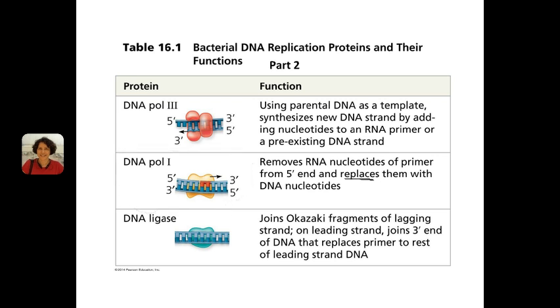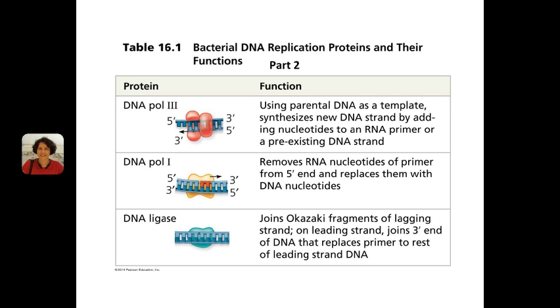When DNA polymerase 1 does that, when it reaches the beginning of the previous fragment, it cannot make a phosphodiester bond between the last nucleotide it puts in and the first nucleotide of the previous fragment, because it can only hook a nucleotide to the previous nucleotide that it put in.